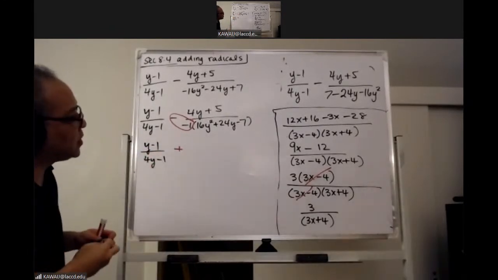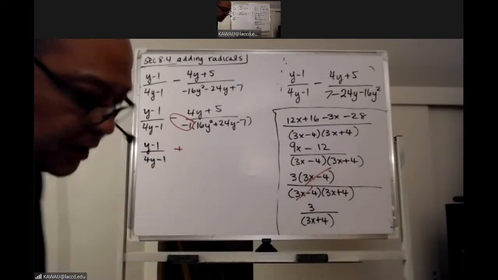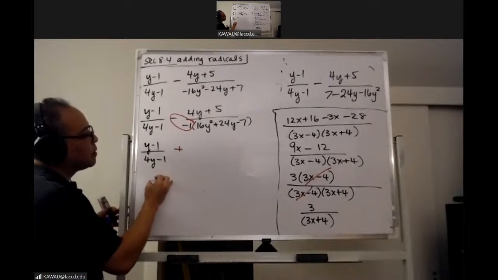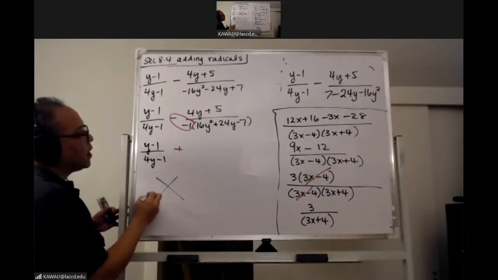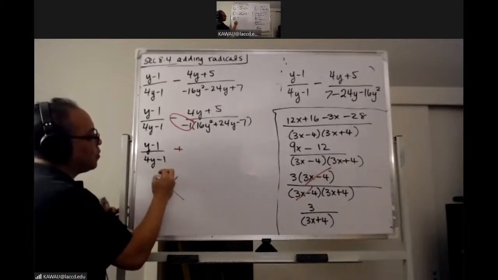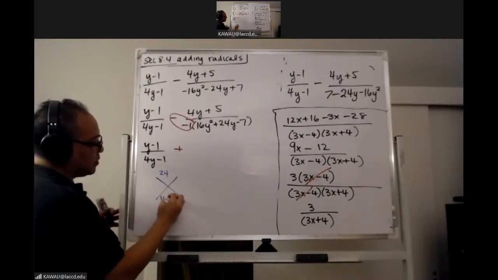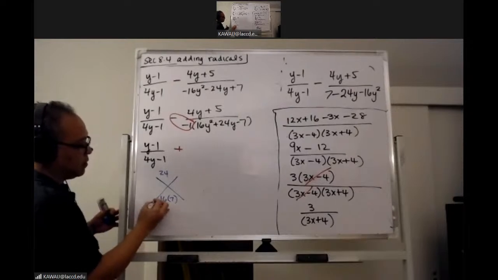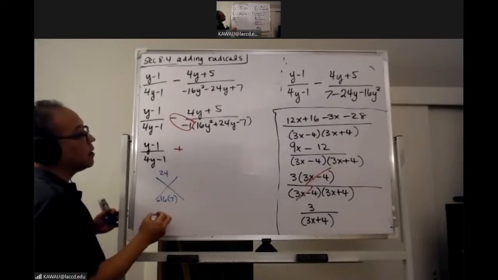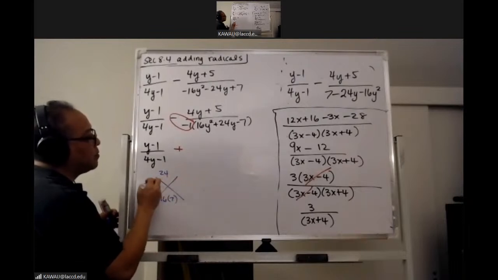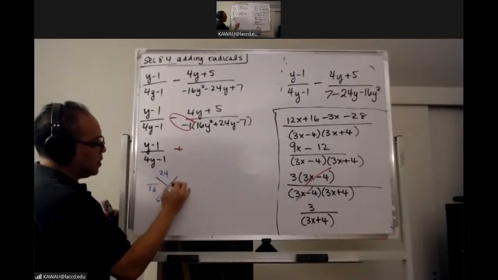Now, I wish I was good enough to do this in my head, but I'm not. So let's X factor this puppy. So I have 24, 16 times 7, negative. And then I have 16.